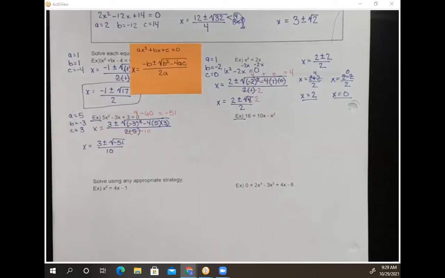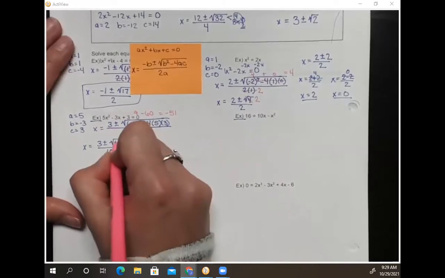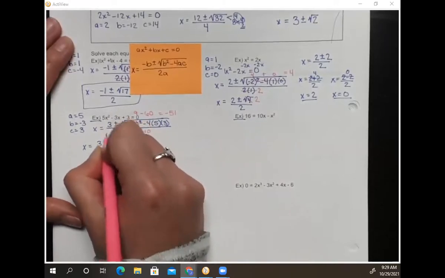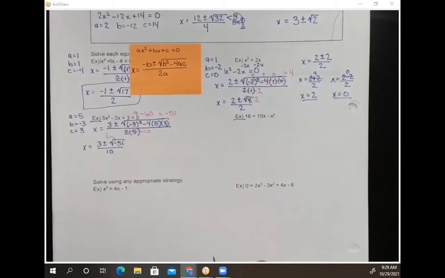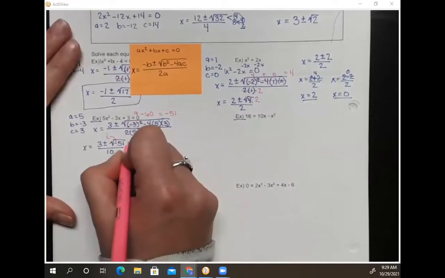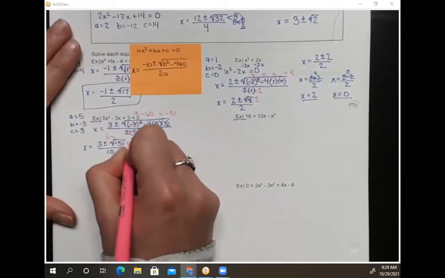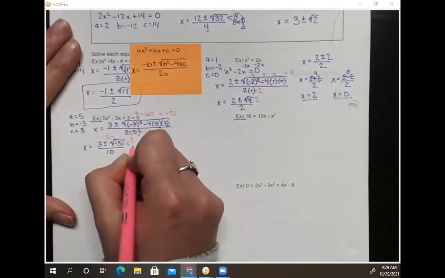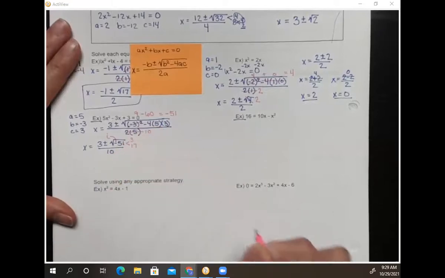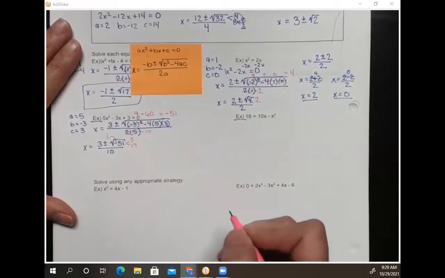I want to see if I can simplify that root at all. Since I'm taking the square root of a negative number, I know for sure I'm going to get something imaginary. Anytime you have a negative inside of a square root, remember that means you've got something imaginary. And then if I try to factor 51, 3 times 17, 3 is prime, 17 is prime.